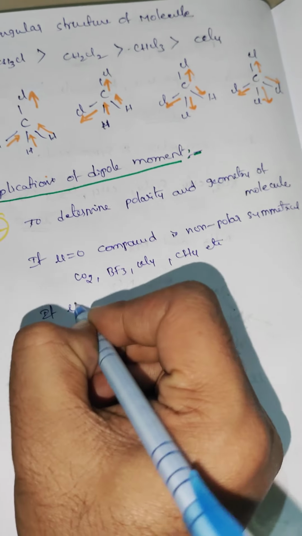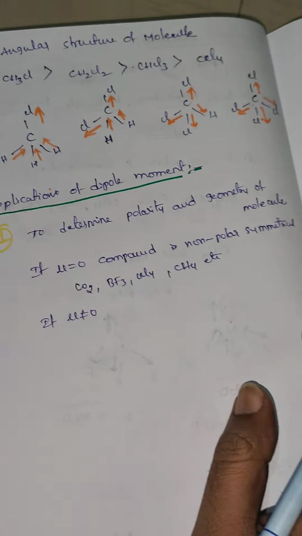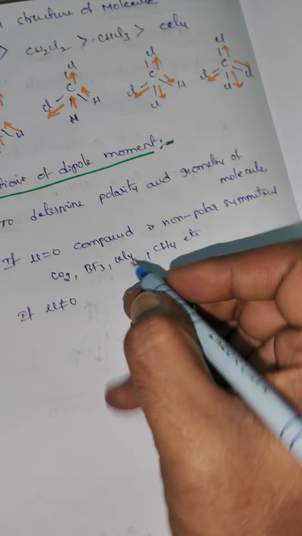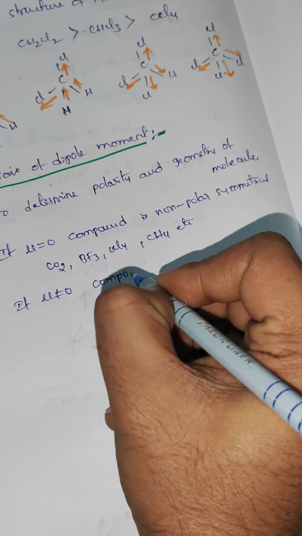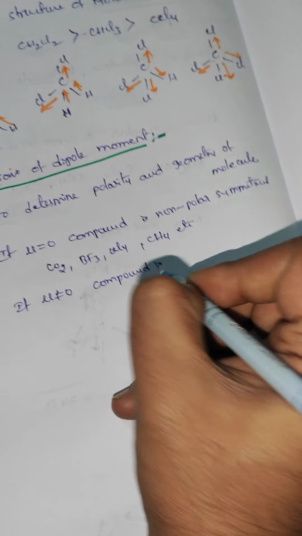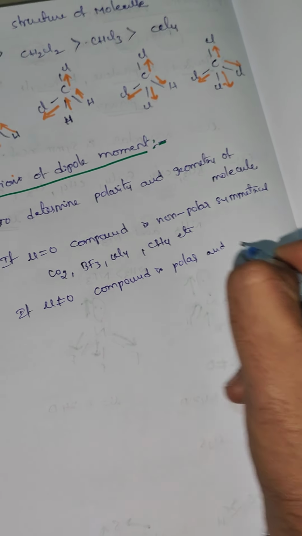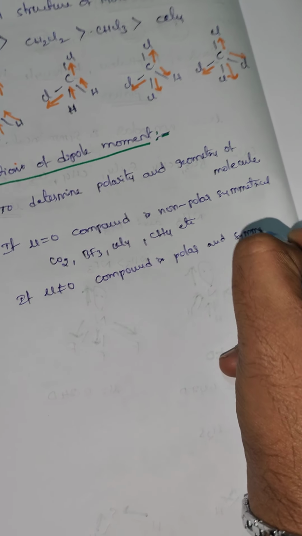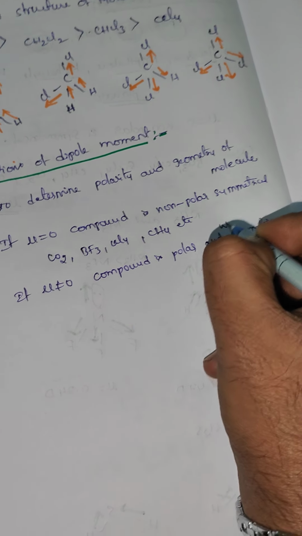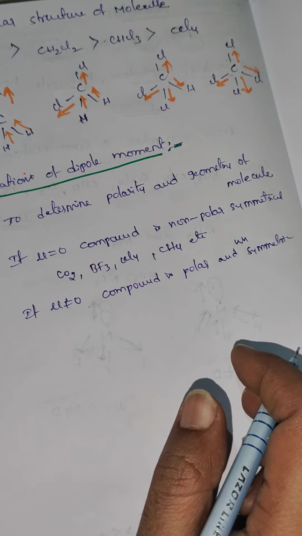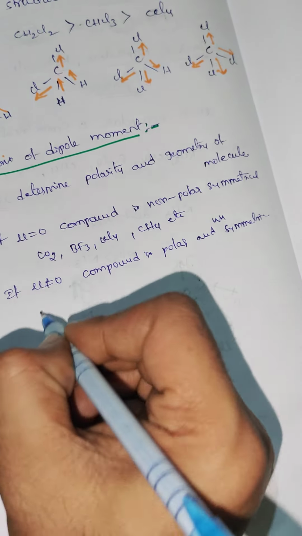If the dipole moment is not equal to 0, the compound is polar and unsymmetrical.